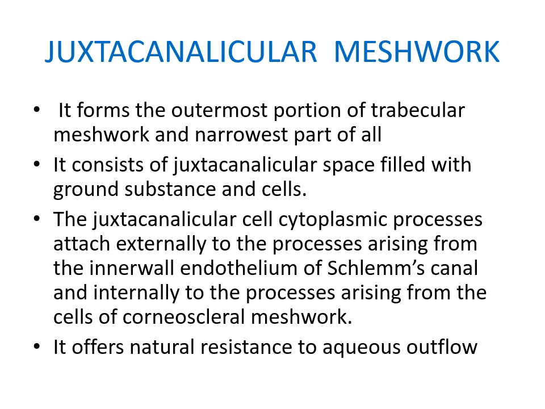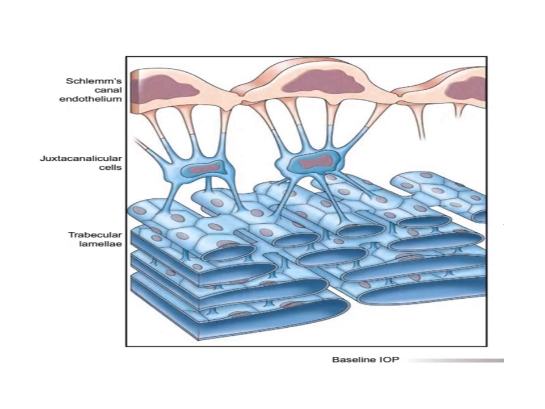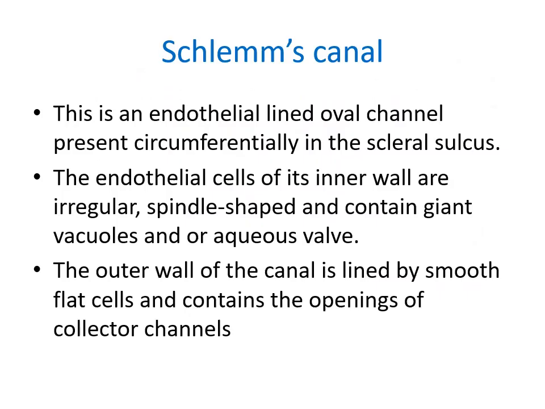So it offers some natural resistance to aqueous outflow. As you can see, the extension attaches to the Schlemm canal endothelium on one side and to the trabecular lamellae on the other side.